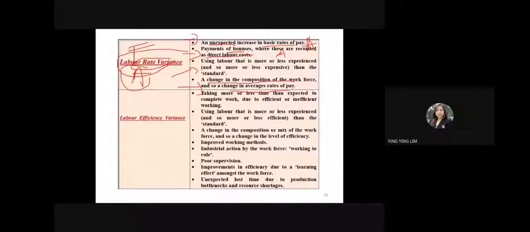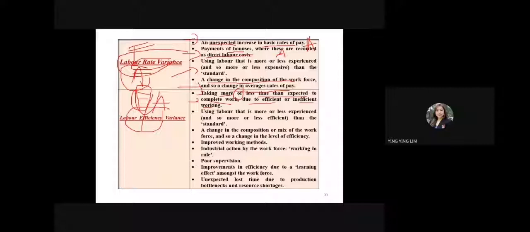Then we look at labor efficiency. What are the possible causes that could result in favorable or adverse? Looking at the first point, taking more or less time than expected to complete the work due to efficient or inefficient working. If my labor efficiency is favorable, then definitely in actual you use less time.